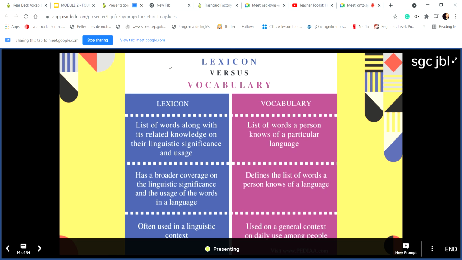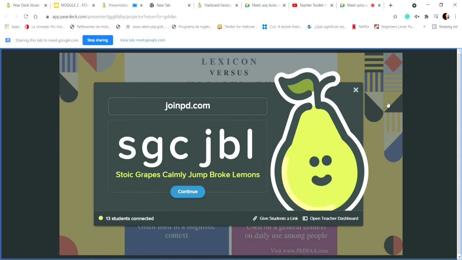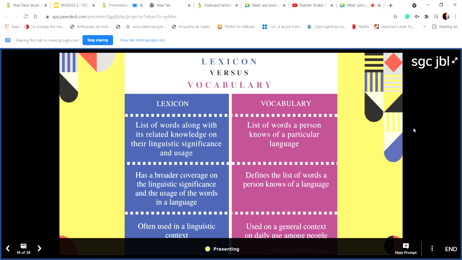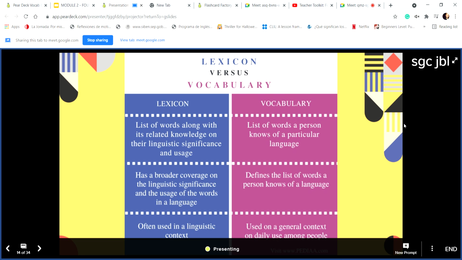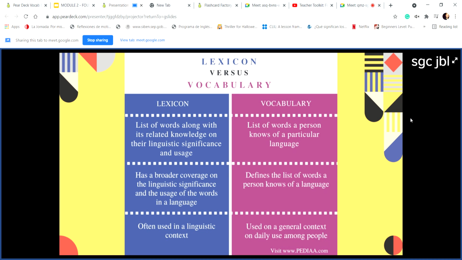And this is what I wanted to make sure is clear for all of us. Lexicon versus vocabulary. Vocabulary will be just a list of words a person knows of a particular language. For example, you and me can say that we know the words from Spanish that are fruits, like manzana, sandía, pera, whatever, okay?